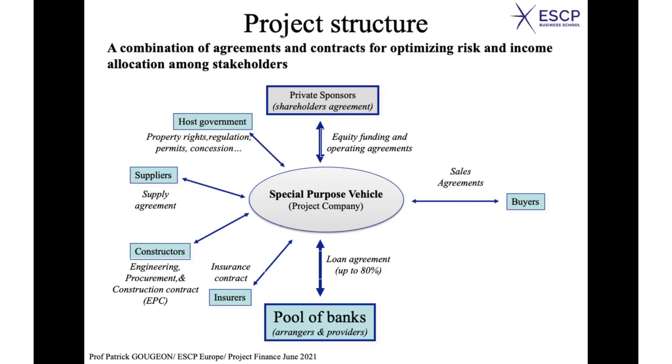So the host government, for instance, will provide some guarantee to secure the activity: property rights to start with, a regulation that would stabilize the conditions under which you operate, permits which allow you to develop the project, and a concession, which will give you a time period during which you can operate, and which will guarantee the investors that you will have the right to operate under certain conditions which are fixed today, for a period of time which is long enough for the project to generate the cash flows needed to cover the debt. So you see the host governments here provide a guarantee.